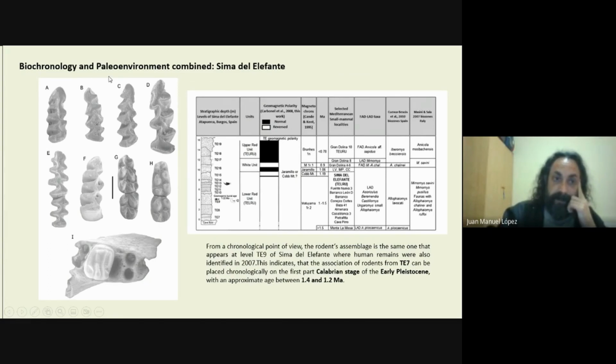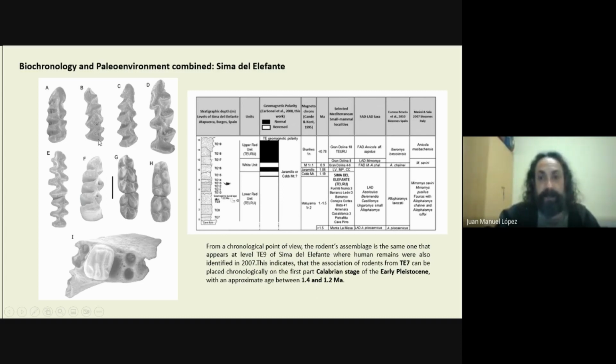Okay, these are the main rodent species that we found in TE7. Really they are the same species that appear in TE9. TE7 is probably Calabrian in age, early Pleistocene, with the same or a very similar age to TE9, 1.2 to 1.4 million years.